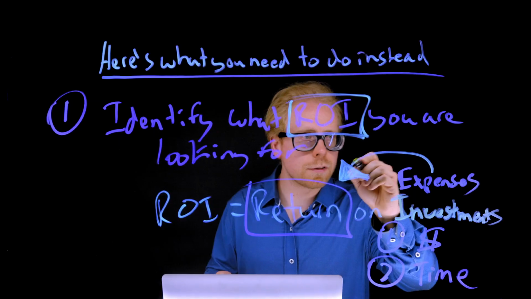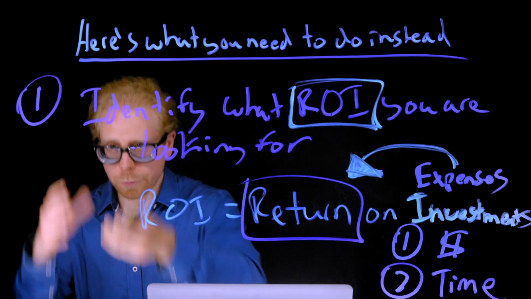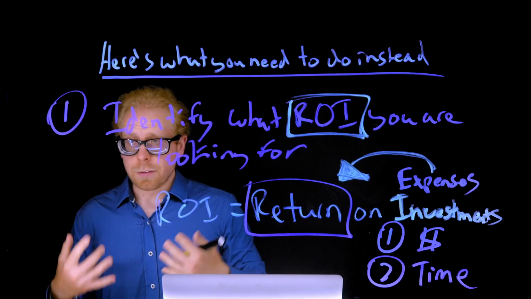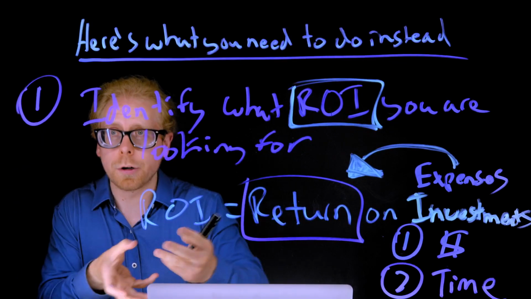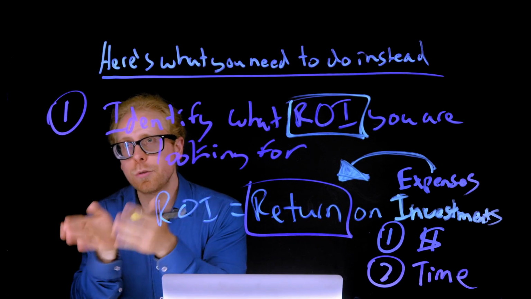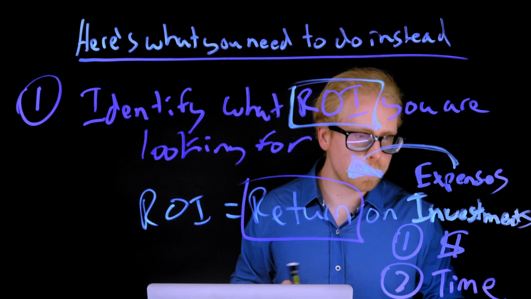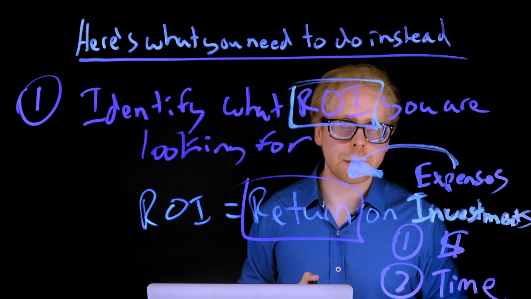So you need to get something back from the investment. For me, what I'm getting back for investing my time is I'm getting leads into my business. Well, this is just part of the puzzle. The leads then need to convert into a paid customer for the amount of money I'm spending and the amount of time I'm spending to make sense.